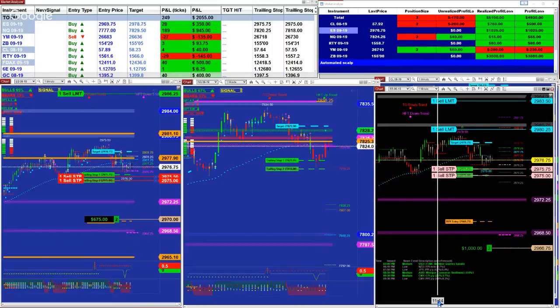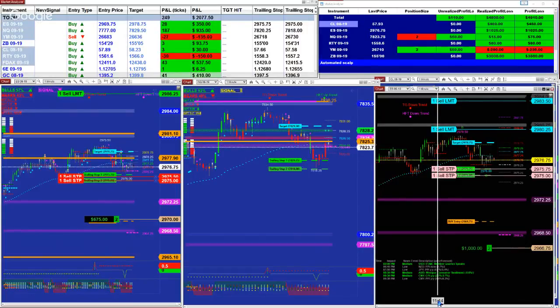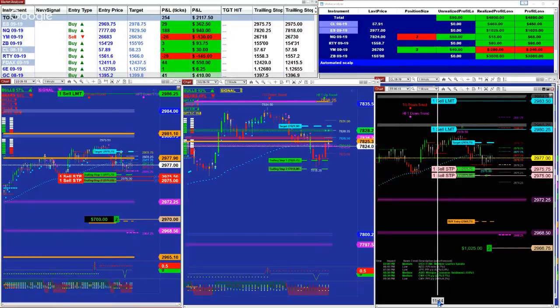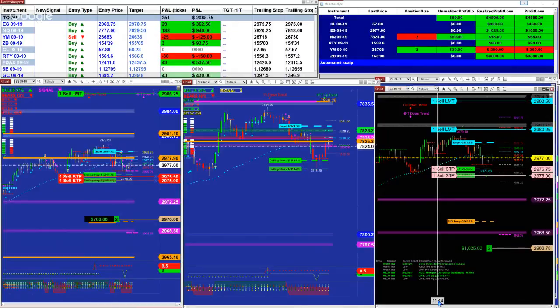So keep your eye on the ES and keep your eye on the Nasdaq. Let's see if we're going to be crossing those numbers. Maybe we can get you a new signal before we leave.